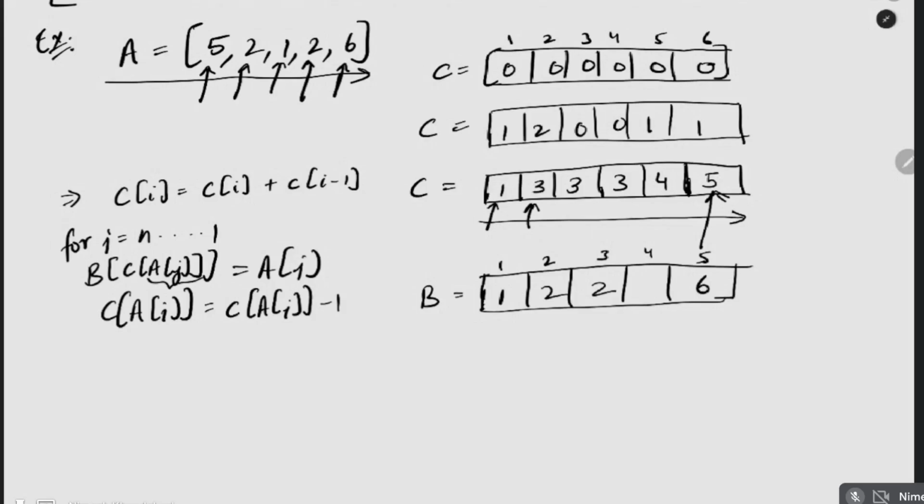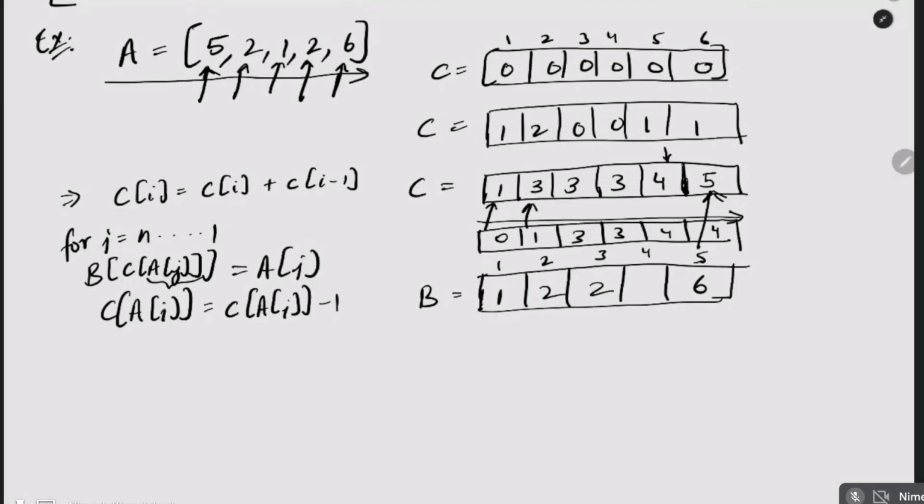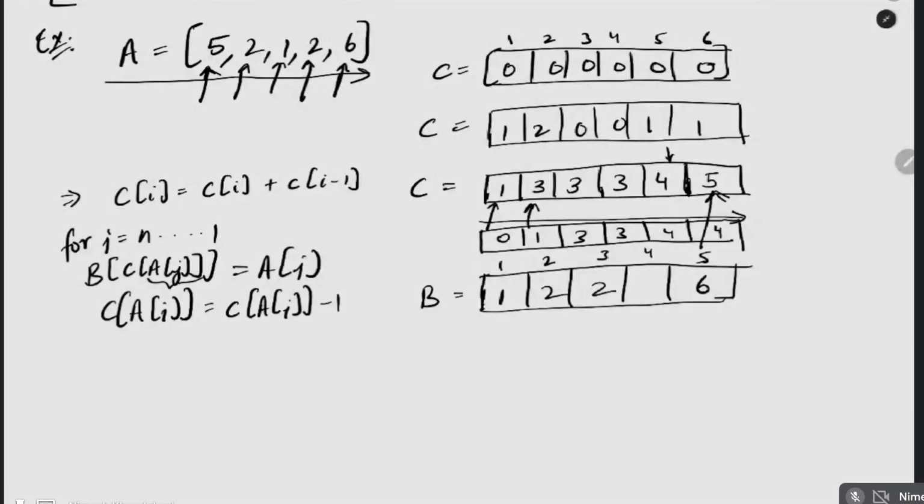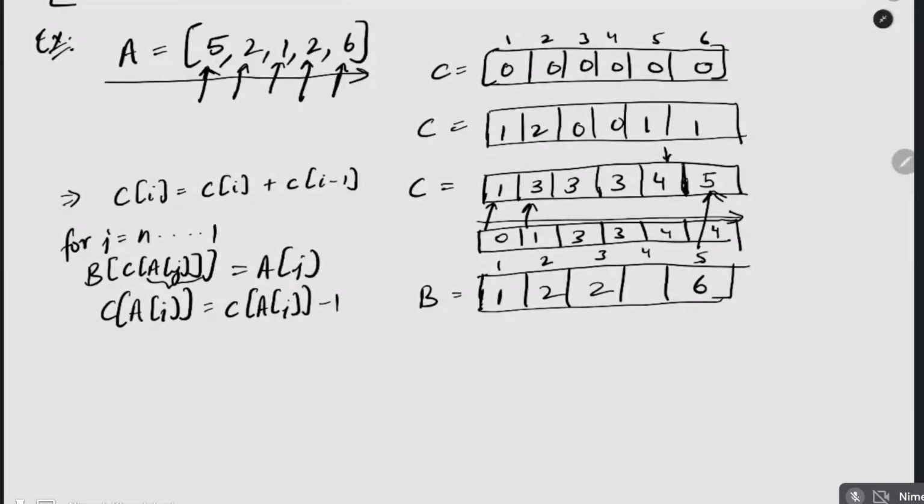Let's just write C separately here, right? So this became 4, this now is 1, this is now 0, 3, 3, 4. Okay, and now the last element 5. So at position 5 we have 4, right? So index for the element with value 5 is this.